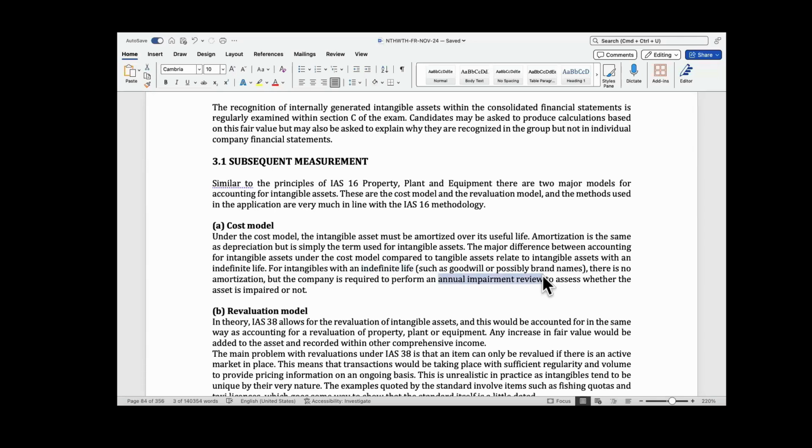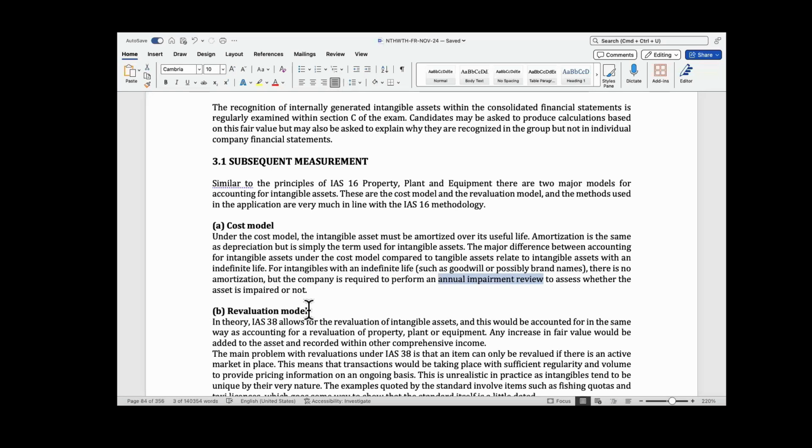I will teach you impairment loss very soon, maybe in the next 2 or 3 classes. But that is what is required when an intangible asset has an indefinite useful life. Don't amortize it, but just test it for annual impairment.